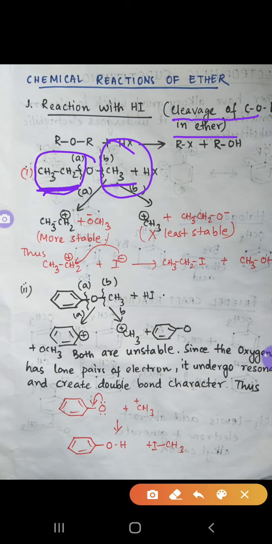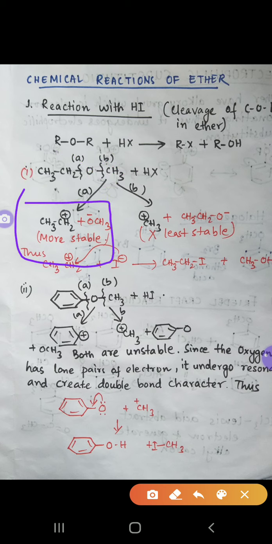If it is breaking from side A, that means it will get removed and you will obtain CH3CH2 plus, and the other species which gets removed is OCH3 minus, right?